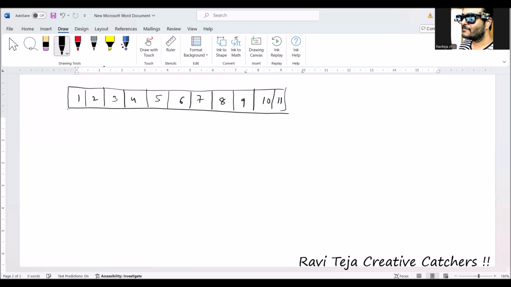Okay. What are the parity bits we have? 4 parity bits, right? That is P1, P2, P4 and P8.